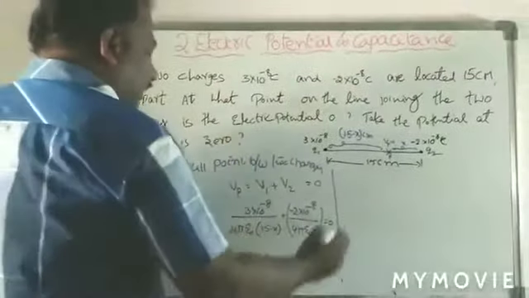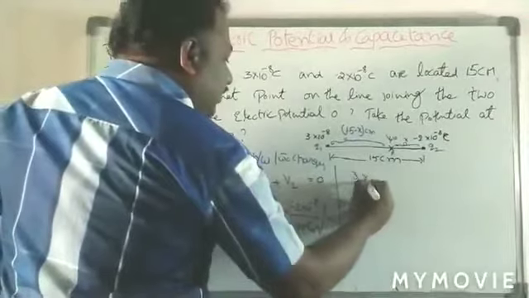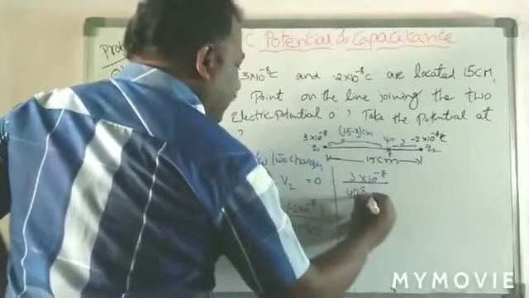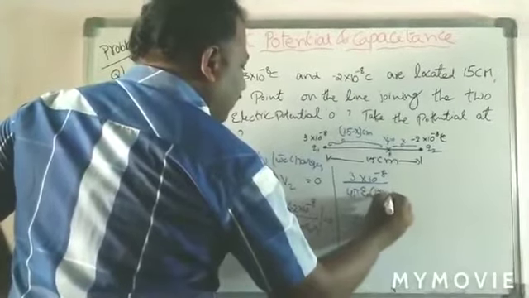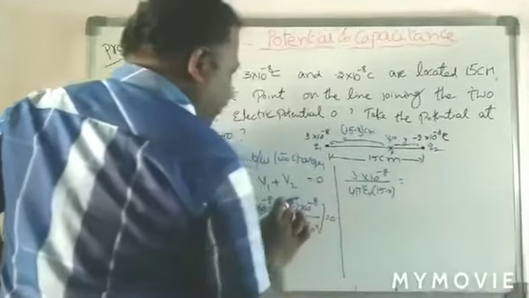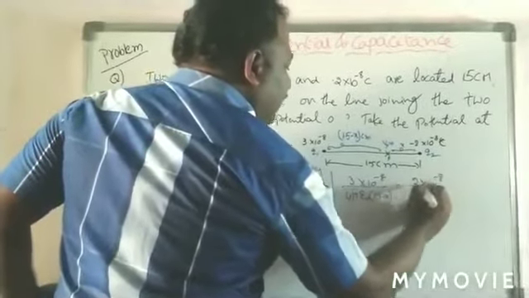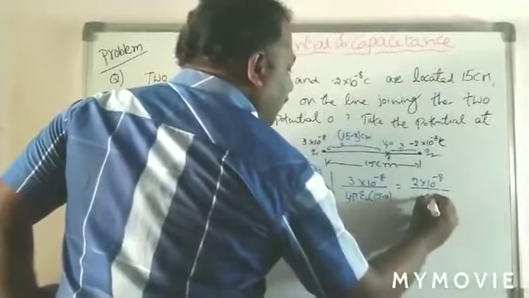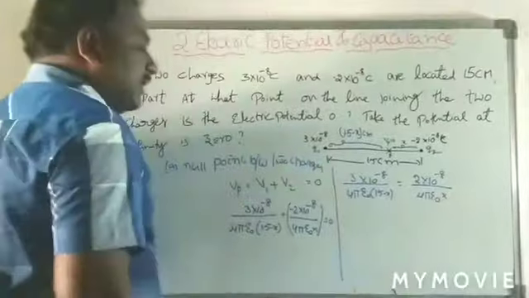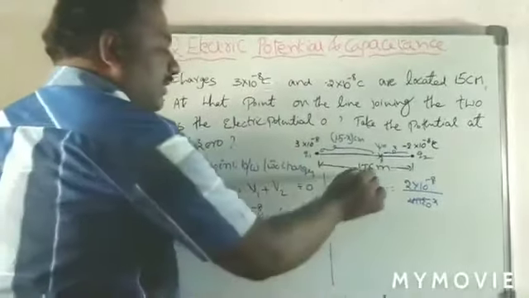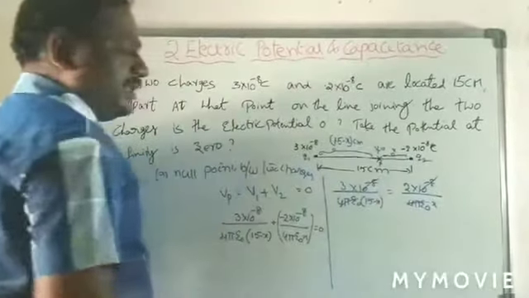Now, simplifying this, 3 into 10 power minus 8 by 4 pi epsilon naught into 15 minus x is equal to, taking minus 2 to this side, 2 into 10 power minus 8 by 4 pi epsilon naught into x. Simplify this: 4 pi epsilon naught is cancelled, 10 power minus 8 is cancelled.